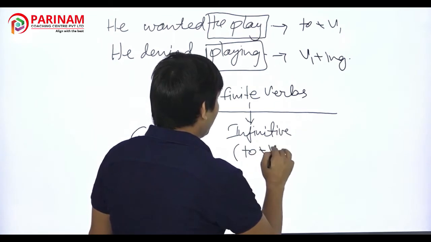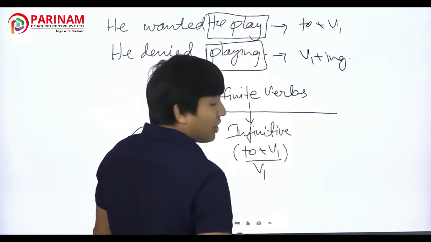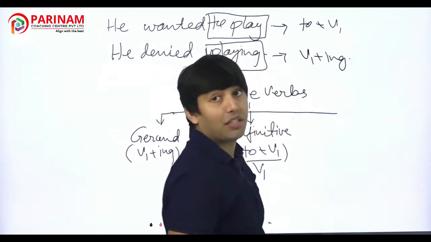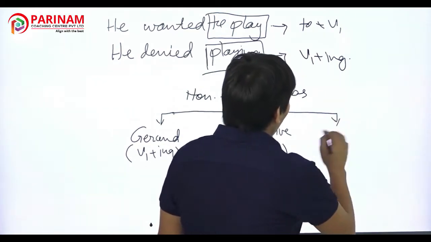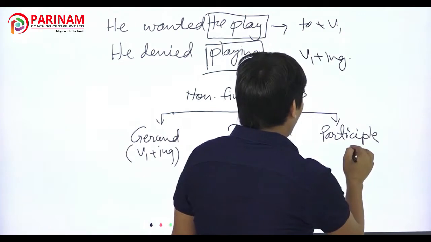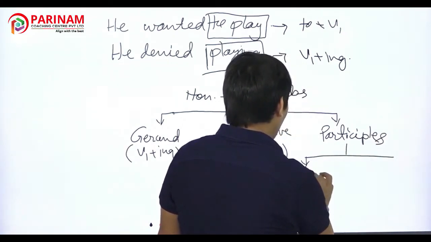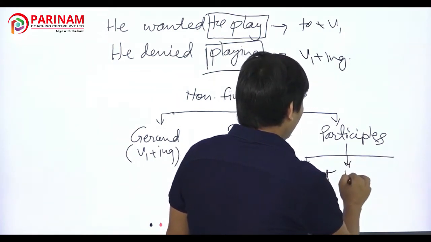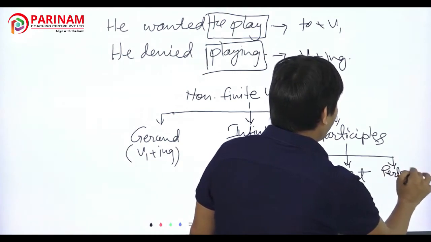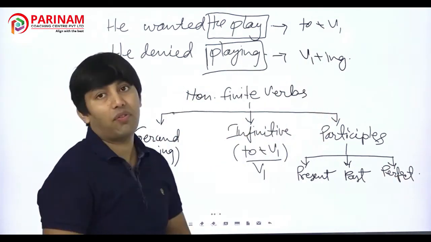This to plus V1 form is called infinitive, or there is one more form, just V1 without to. And the third type that I haven't discussed yet is participles. Again, the participles have three types: the present participle, past participle, and the third one is perfect participle. All right, so these are the three types of non-finite verbs.